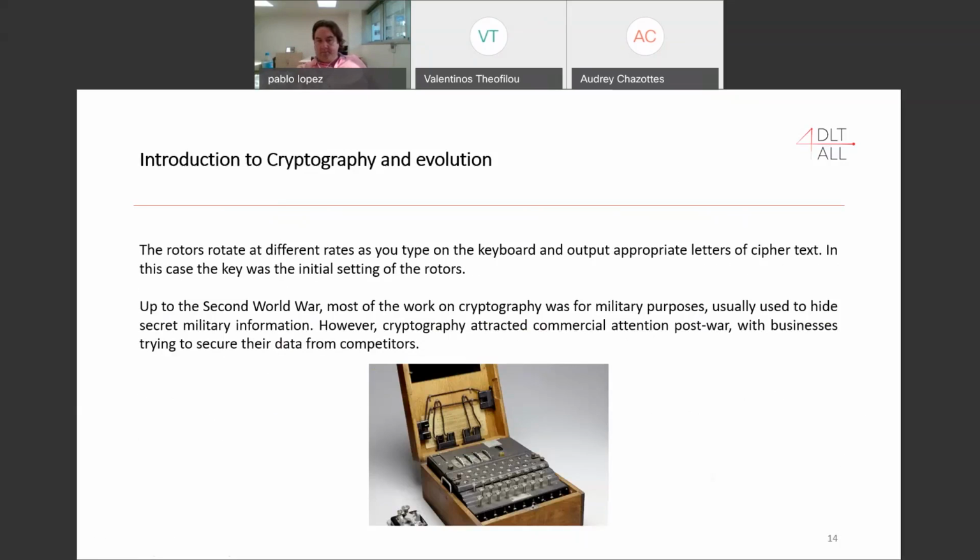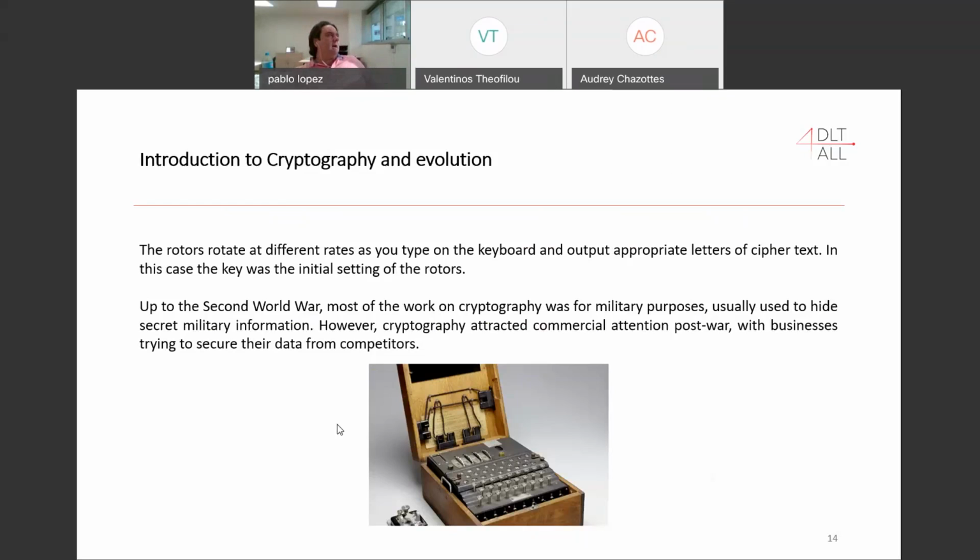Up to the Second World War, most of the work on cryptography was for military purposes, as with most technology. Just think about the GPS that we have on our smartphones. The GPS started for military purposes, and after so many years, we still have it as a democratized technology for use. So cryptography was usually used to hide secret military information. However, cryptography attracted commercial attention, with businesses trying to secure their data from competitors.